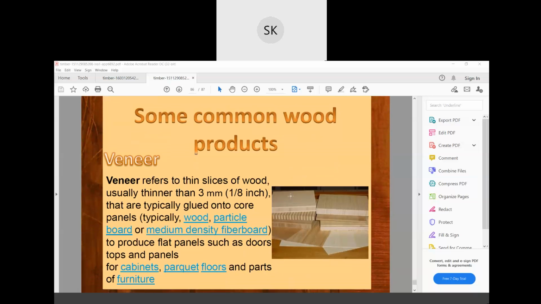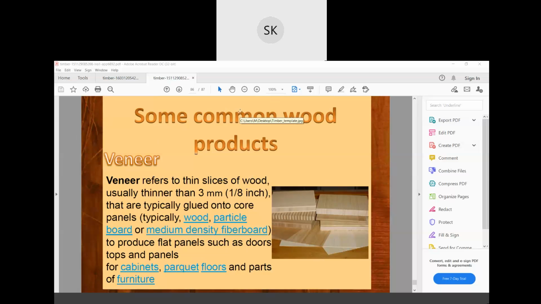Some common wood products. Veneer refers to a thin slice of wood, usually thinner than 3 mm or 1 by 8 inch. They are typically glued onto core panels, typically wood, particle board, or medium density fiberboard, to produce flat panels such as doors, tops, and panels for cabinets, parquet floors, and parts of furniture.